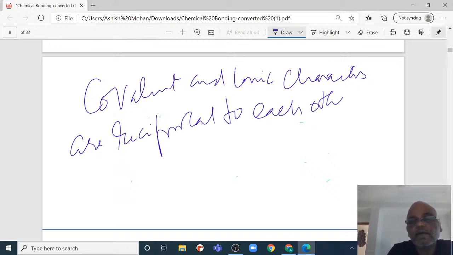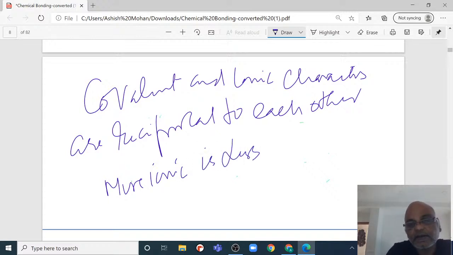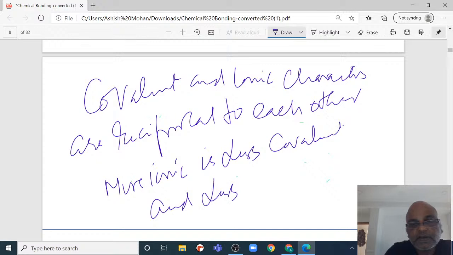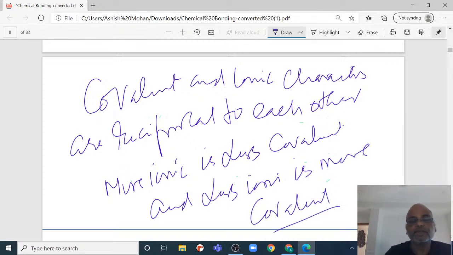More ionic is less covalent and less ionic is more covalent. They are reciprocal to each other.